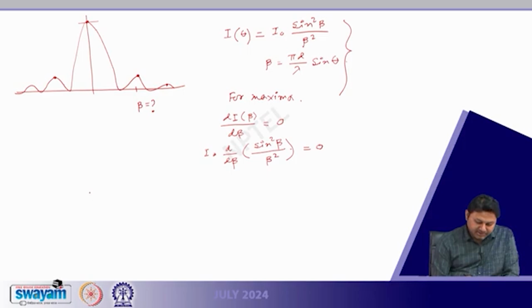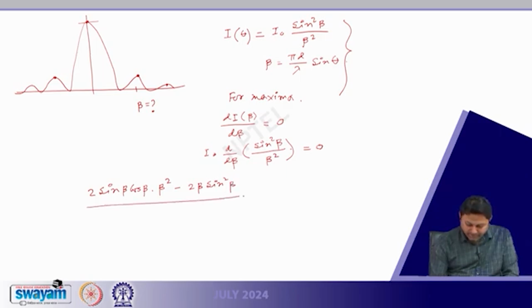Now, if I expand this condition, it is 2 sine beta cos beta times beta square, minus 2 beta sine square beta, whole divided by beta to the power 4, that is essentially 0.